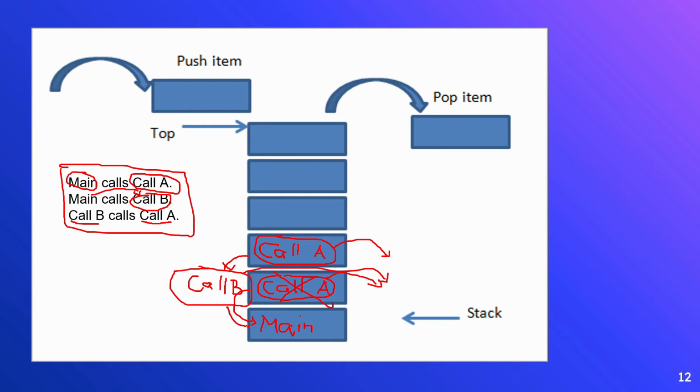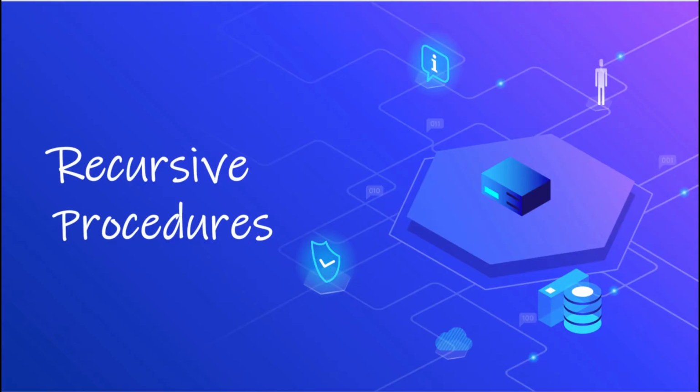After the machine sees there are no calls anymore, main will also be popped off and the program is finished. So we could see here its potential to other types of procedures like recursion. So let's move on to recursive procedures.